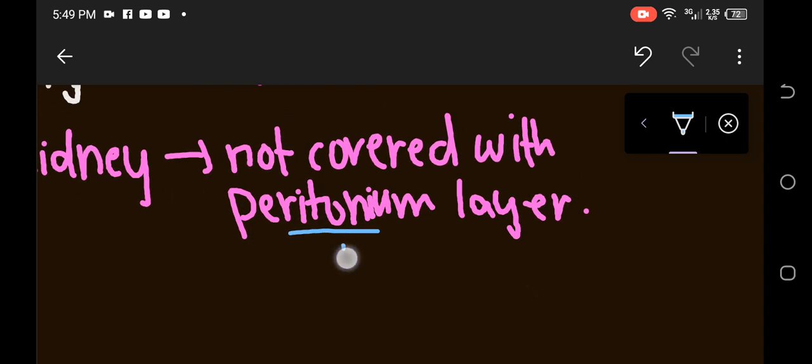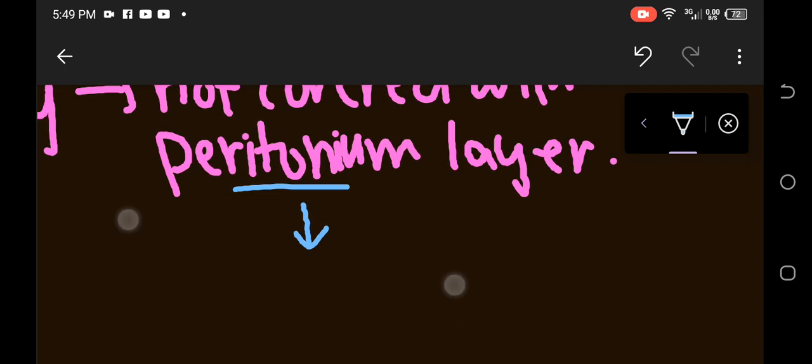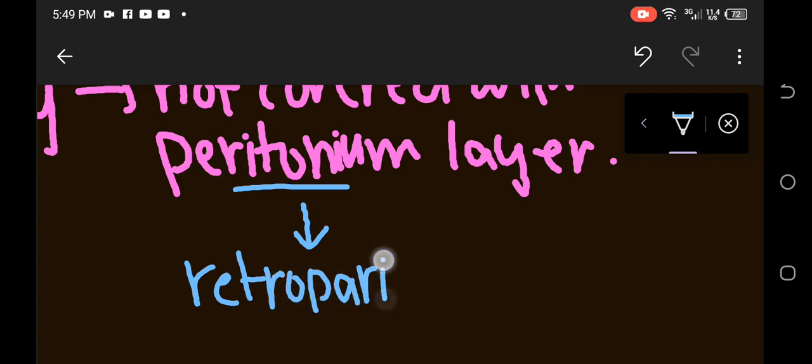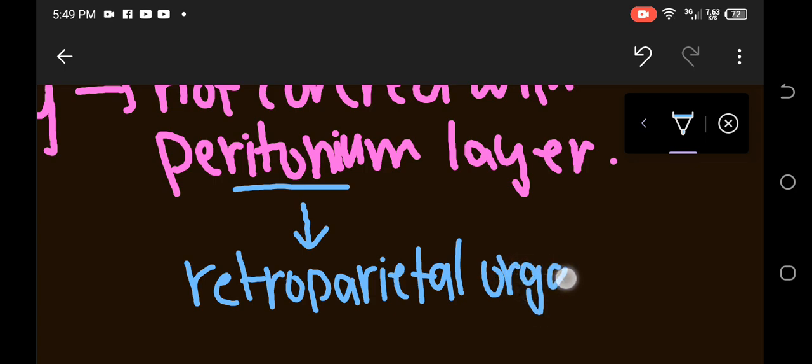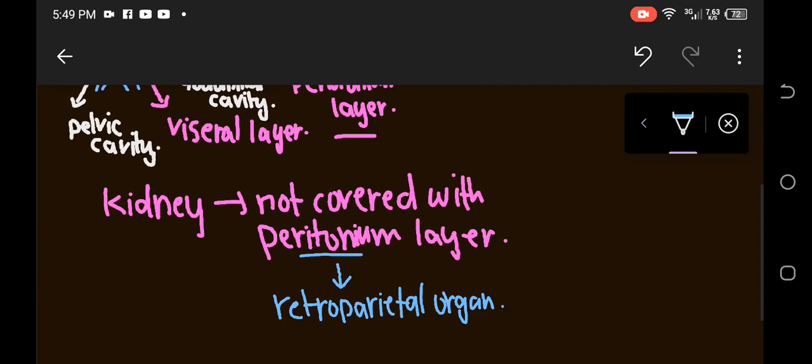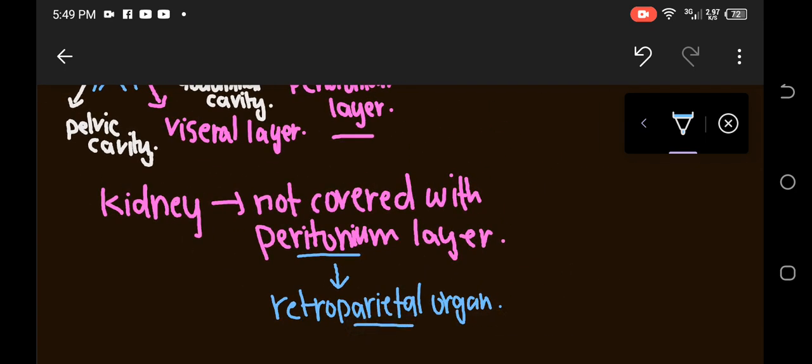Because the kidney is not covered with the peritoneum layer, the kidney is known as a retroperitoneal organ. It is covered with the visceral layer.